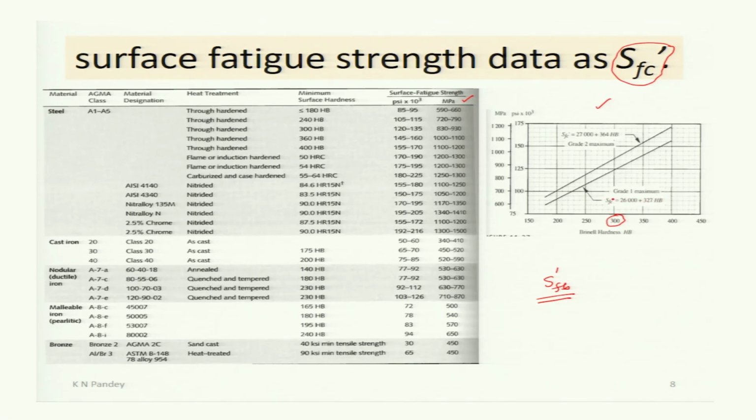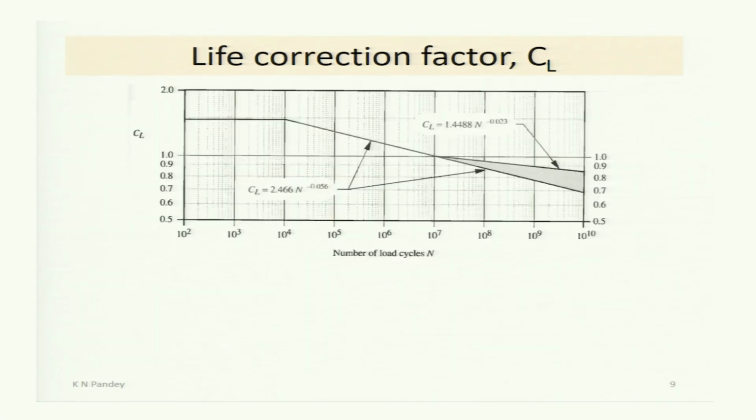Similarly, for grade 2 material, curve 2 or the equation 2.41 Hb plus 237 megapascal can be used, where Hb is the Brinell hardness number of the material of the gear. Similarly, for other materials, you can use data books to get the SFC dash.